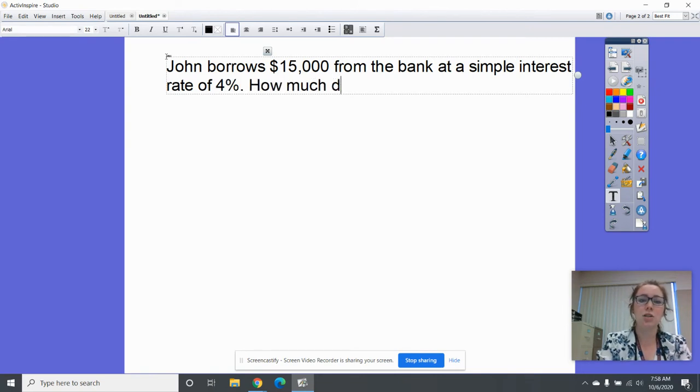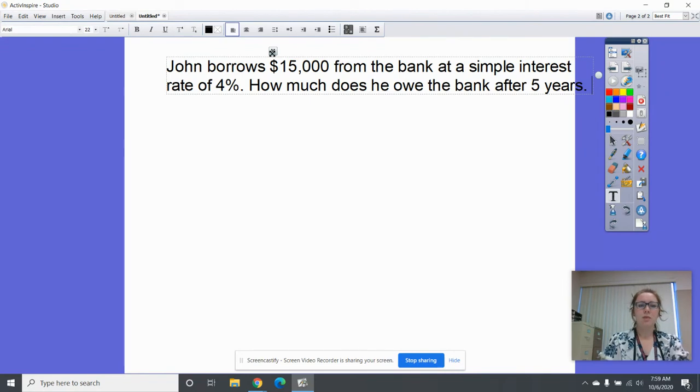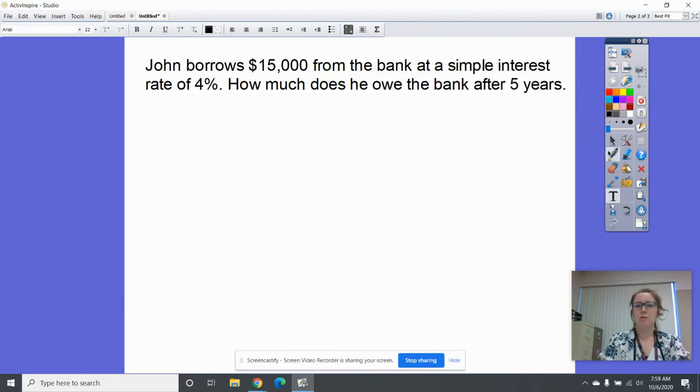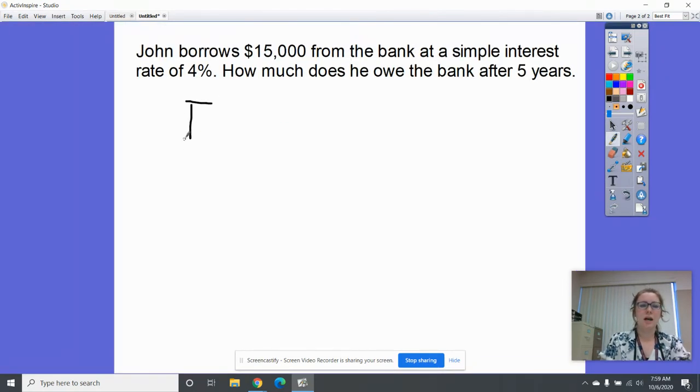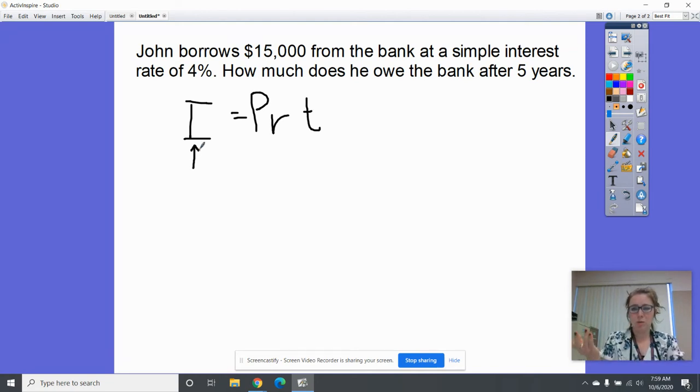How much does he owe the bank after 5 years? So let's look at our formula. Our formula was I for our interest equals P for the principal amount, R for the rate, T for the time. So now to use this formula, we're just going to plug in what we know.